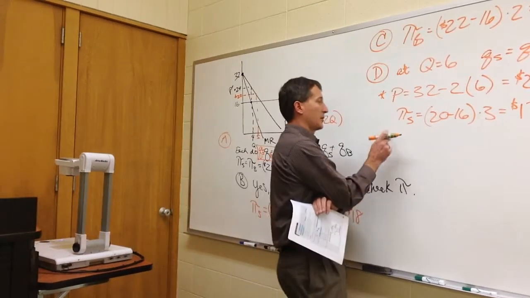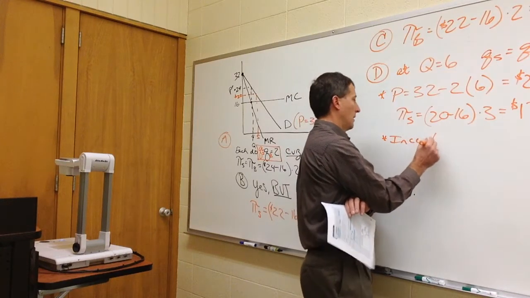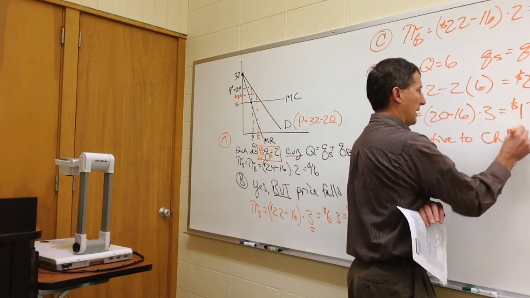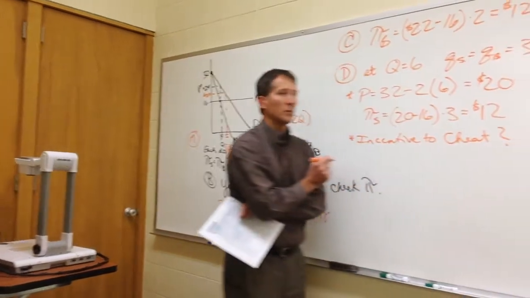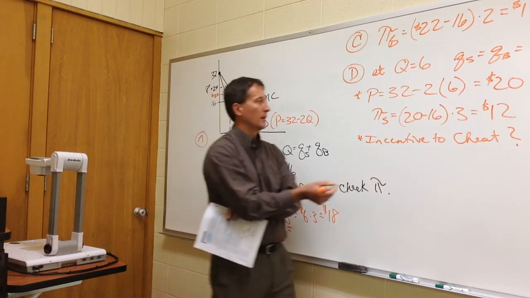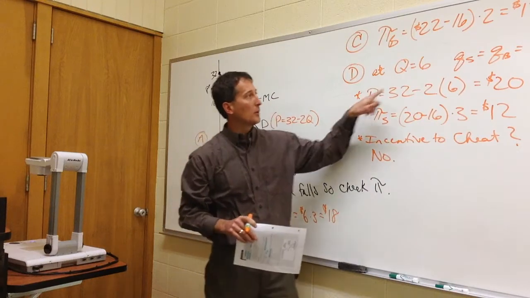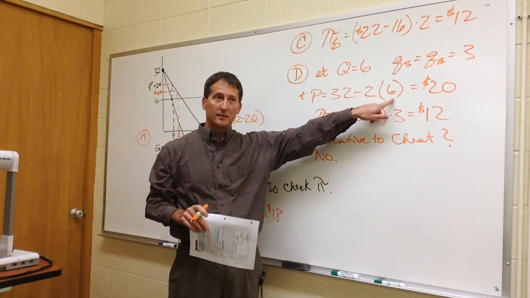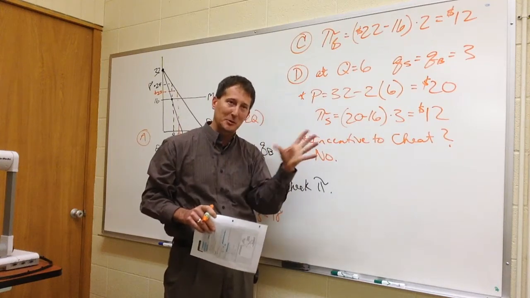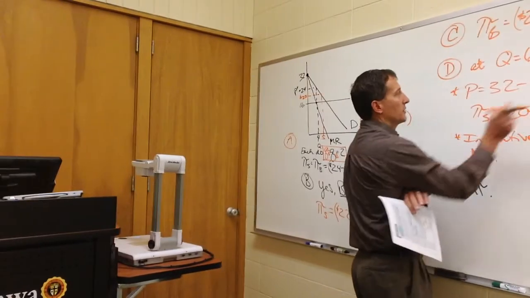So, does Squeaky Clean now have incentive to cheat? No. Why? All right. Profit goes down to 8. So profit actually goes down now on the incremental unit. So the answer is no. We have to plug in a 7 into here, right? So again, one firm cheating, assuming the other one's not going to cheat. That's what true cheating is, right? We don't have a collusive agreement. So we have 2 times 7.